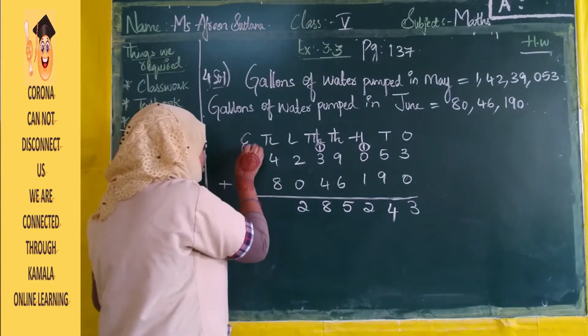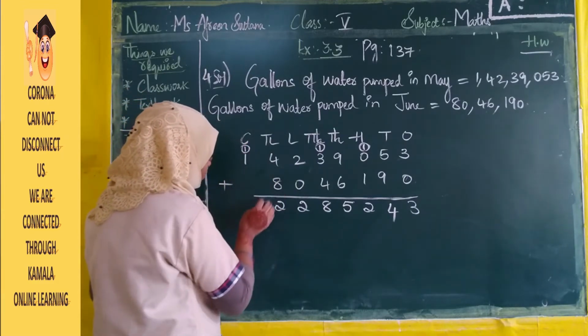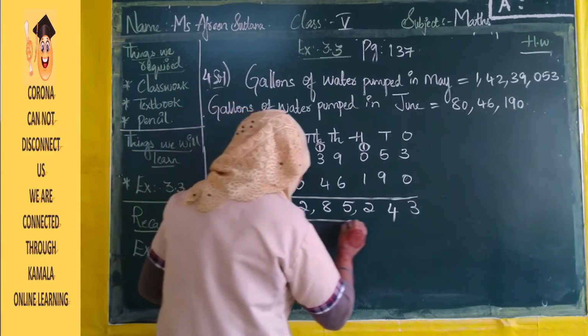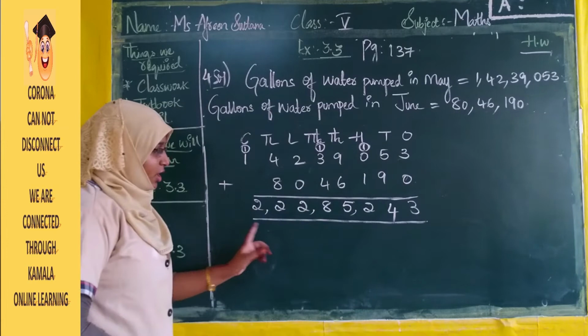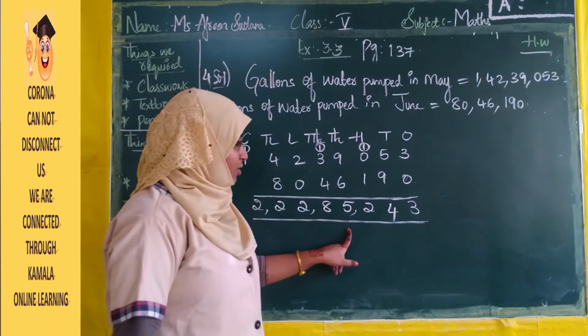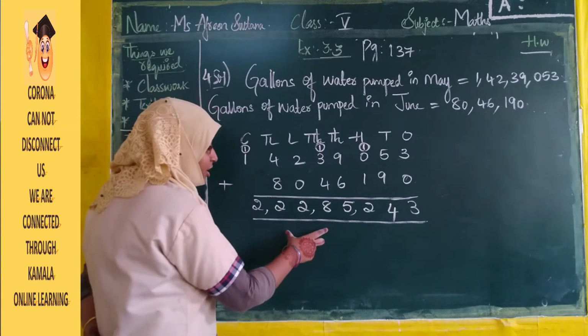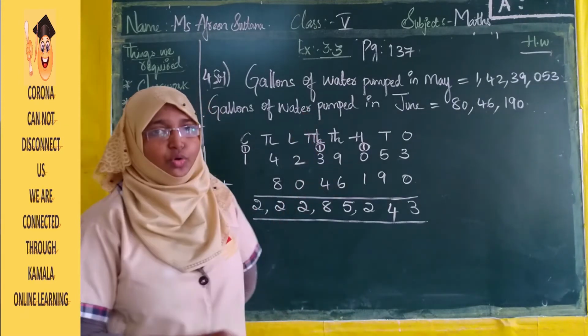So 1 will be carried, 2 will write down. Again 1 plus 1 is 2. Now if you place commas according to this, that is 2 crores 22 lakh 85,243. So this much water has been pumped in all these 2 months.